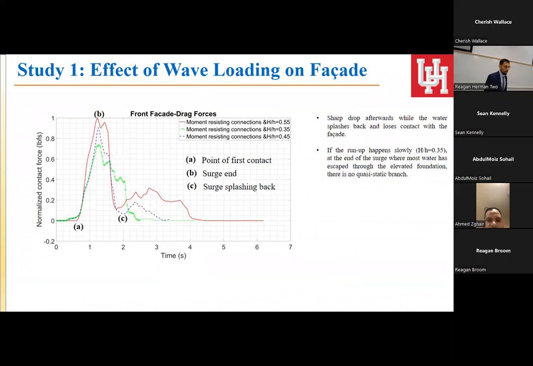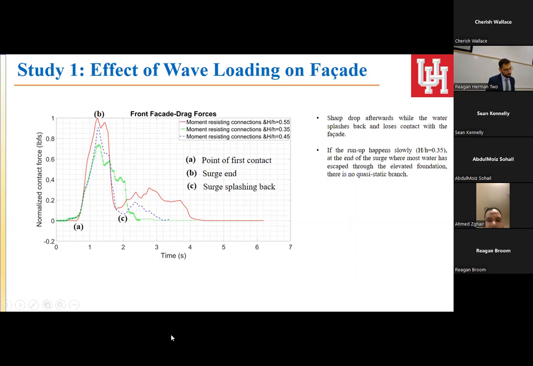Okay, so here you can see a comparative graph of the different wave heights to still water levels, for the same model, which was with moment resistant connections. It's kind of obvious that, of course, the waves that surge higher have a higher contact force with the house.